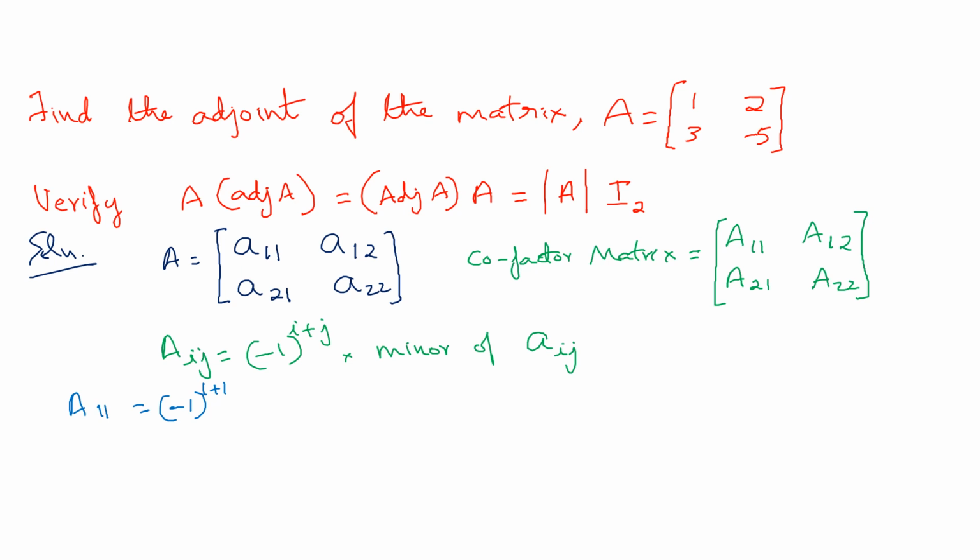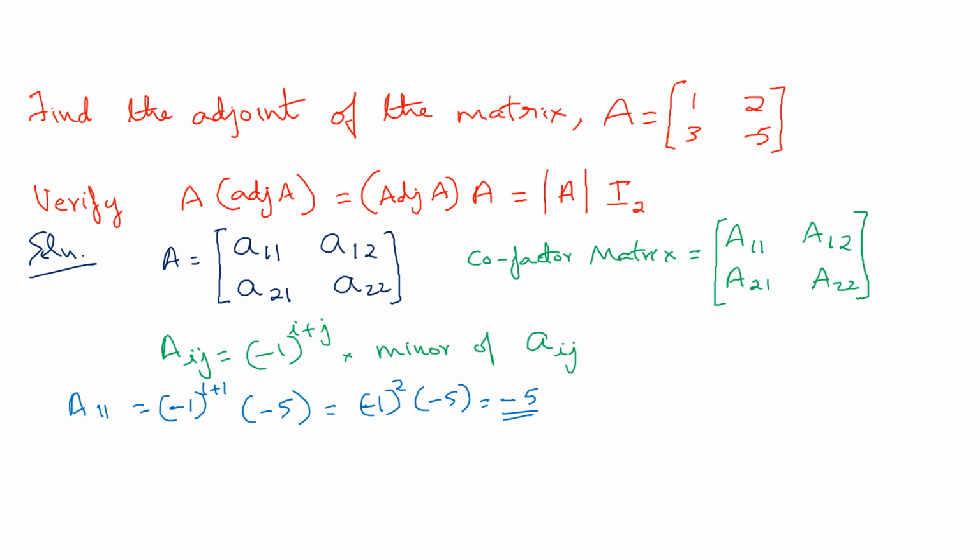What remains there is minus 5. This is the minor. So you get minus 1 to the power 2 into minus 5. Minus 1 to the power of any even number is always plus 1, so you get minus 5. This is A11.